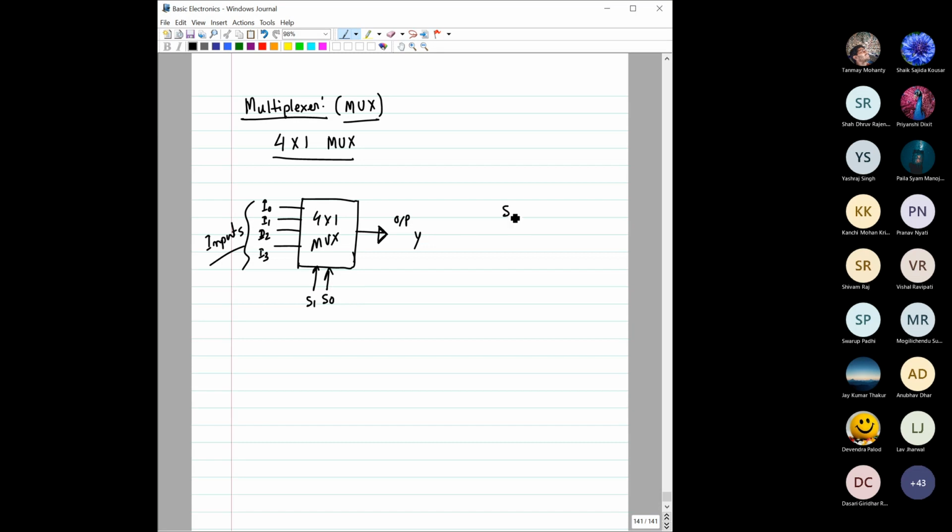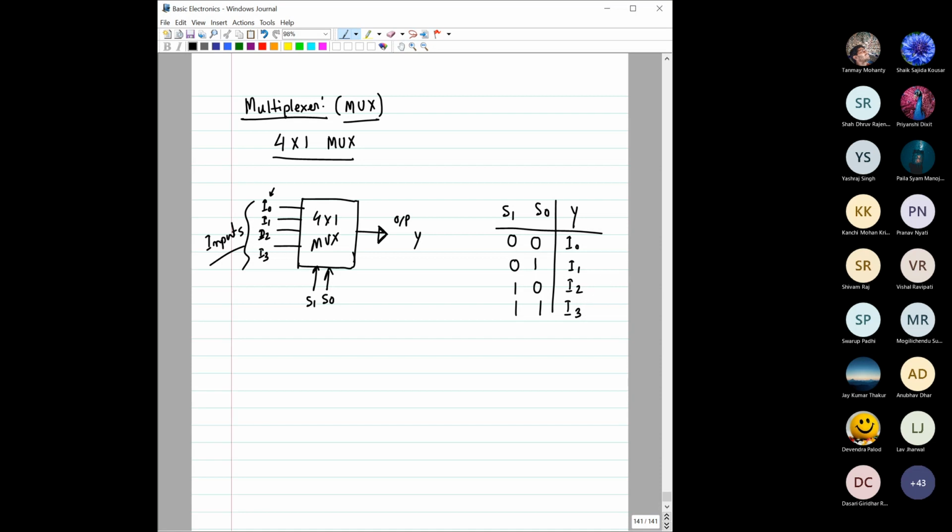So let us write S0 S1 and the output. Only 4 combinations are possible with 2 selection lines. When the selection line values are 0 0, obviously I0 will be selected, so the output will be I0. For 0 1, I1 will be selected, then I2 will be selected, then I3 will be selected, right?